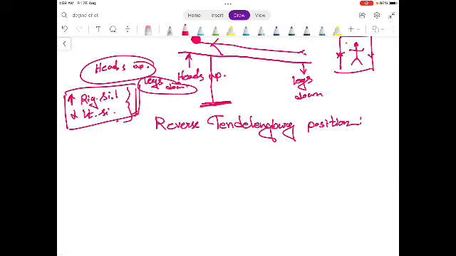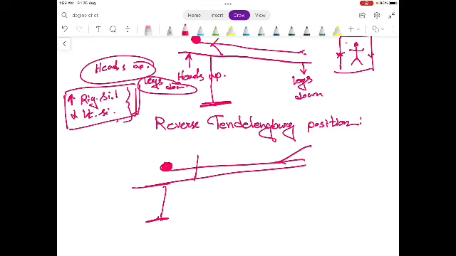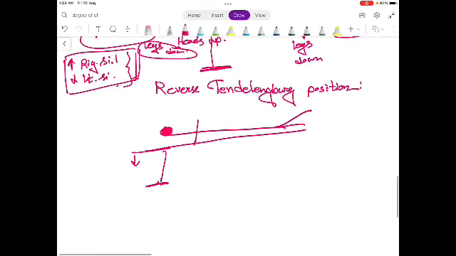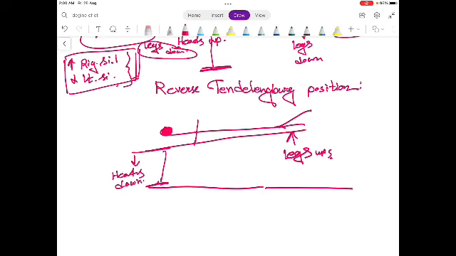Coming to the reverse Trendelenburg position, here obviously the patient lies down like this, and this is his leg and this is his hand, right? So this is the OT table. Here should be heads down and the legs up, right?